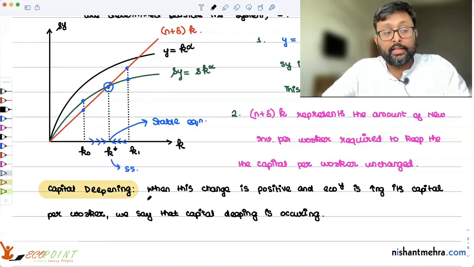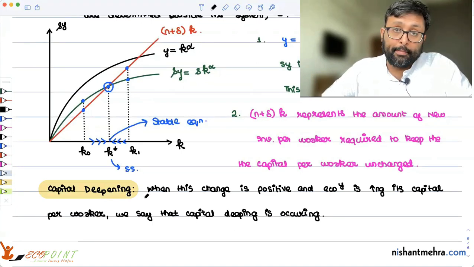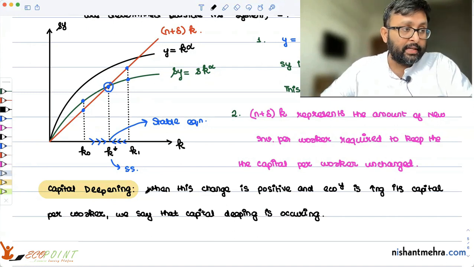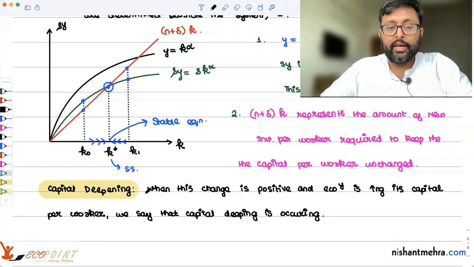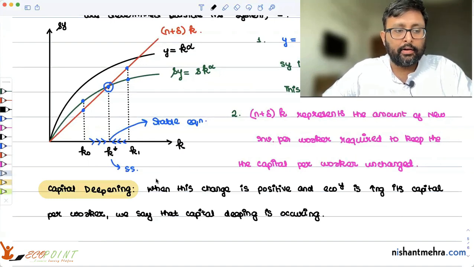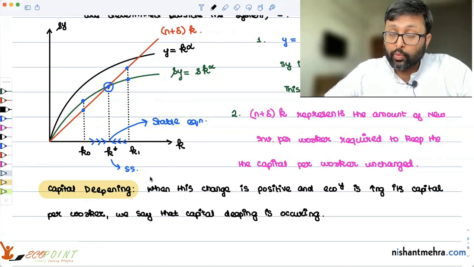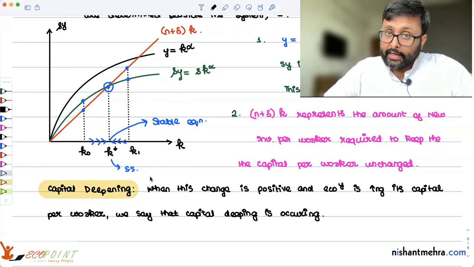Achha, there can also be the case that capital is increasing, but the labor force is also increasing. And when with an increase in the capital, your labor force also increases, then there is no increase in the capital per worker. And that is what is called capital widening.